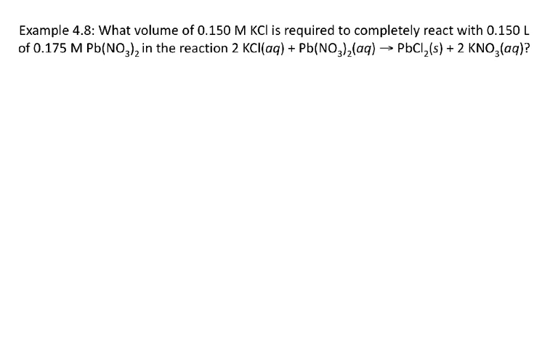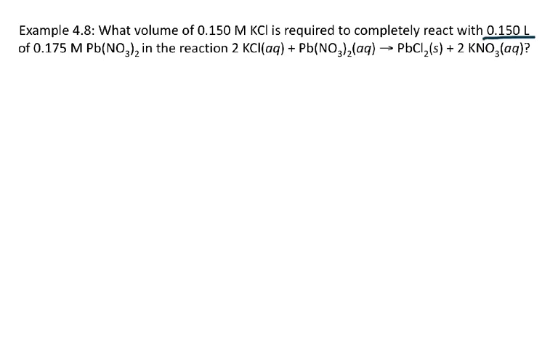So here we are going from volume. I would go from volume of the lead 2 nitrate to moles of lead 2 nitrate, and then moles of lead 2 nitrate over to moles of potassium chloride, then moles of potassium chloride to volume. So let's talk that out.